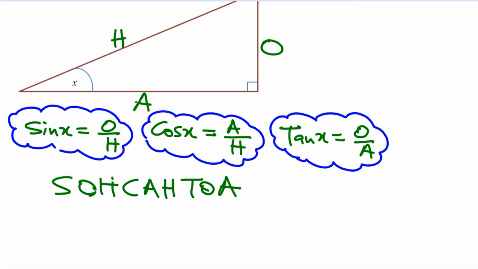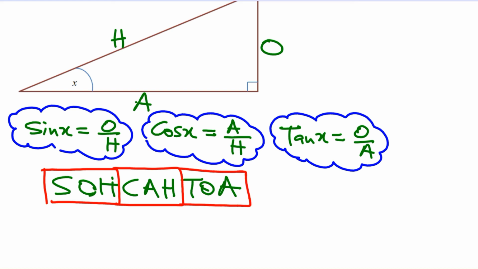You can use this mnemonic to remember the trigonometric ratios. Basically, this one is for sine, so sine is opposite over hypotenuse. This is for cosine, and this is for tangent. Okay? So sine is opposite over hypotenuse, cosine is adjacent over hypotenuse, and tangent is opposite over adjacent.